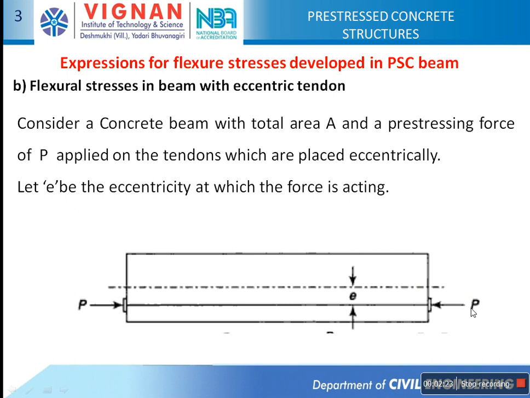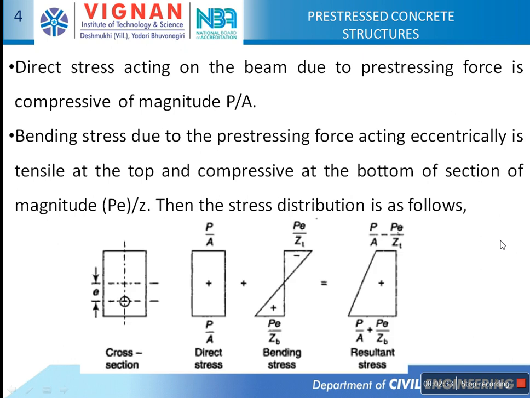Because of the eccentricity present in this beam, we have an additional stress called bending stress. So one is the direct stress and the other one is the bending stress. The direct stress acting on the beam due to the pre-stressing force is again compressive, of magnitude P by A, and the newly acting bending stress due to the pre-stressing force acting eccentrically is tensile at the top fibers and compressive at the bottom fibers of the section.